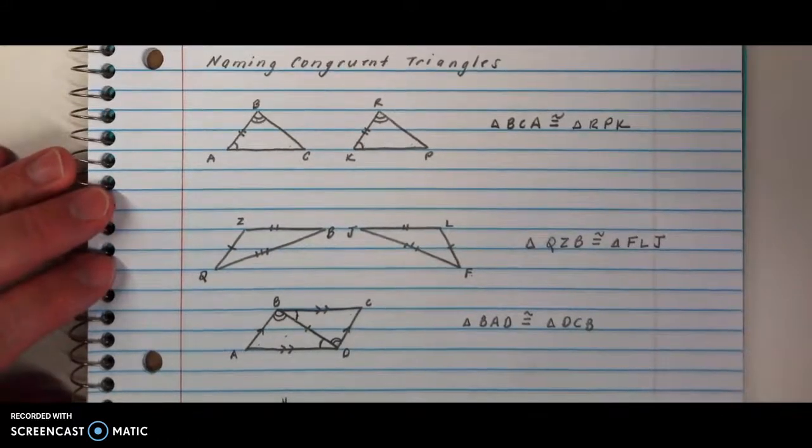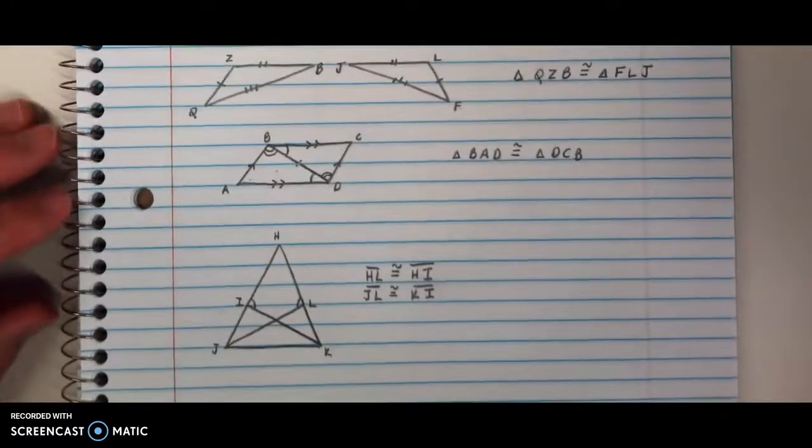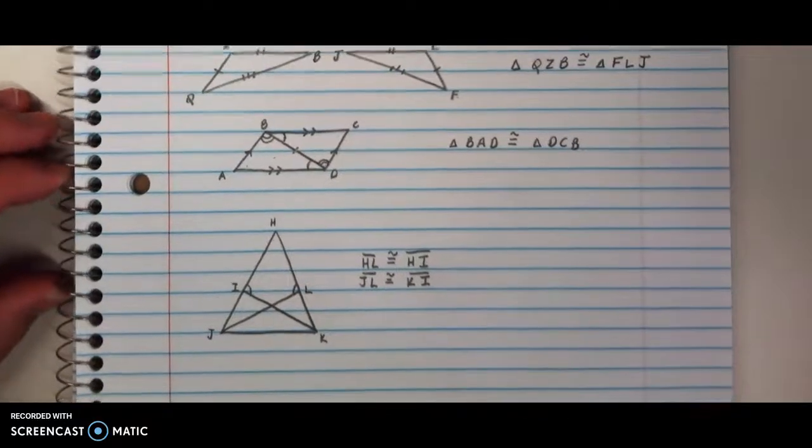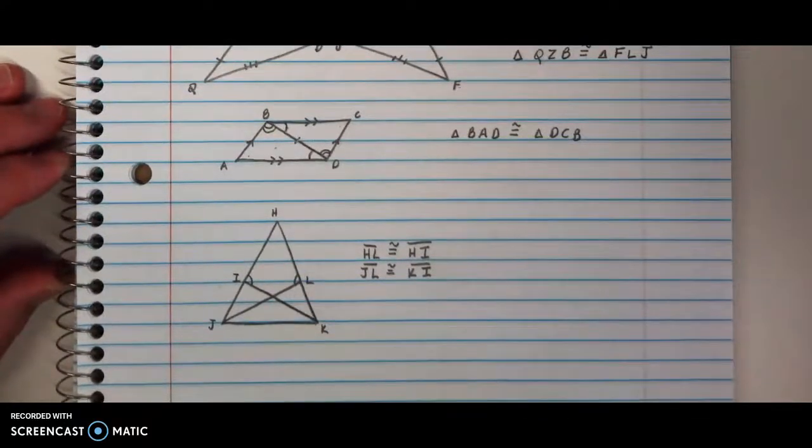And this example is when we have triangles that are sort of made up in a larger shape.